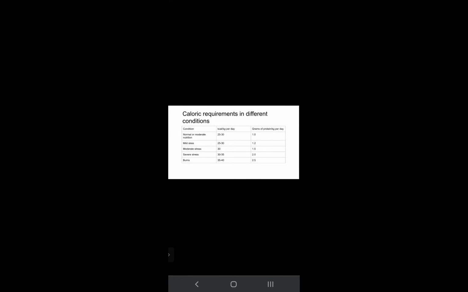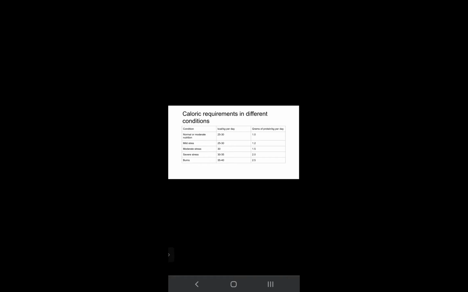I'm saying for that particular patient, suppose a patient is 50 kgs and the ideal weight is 50 kgs and the caloric requirement for that particular patient is 30. So the total caloric requirement is 1500. Now suppose the patient requires 1.5 gram per kg of protein.